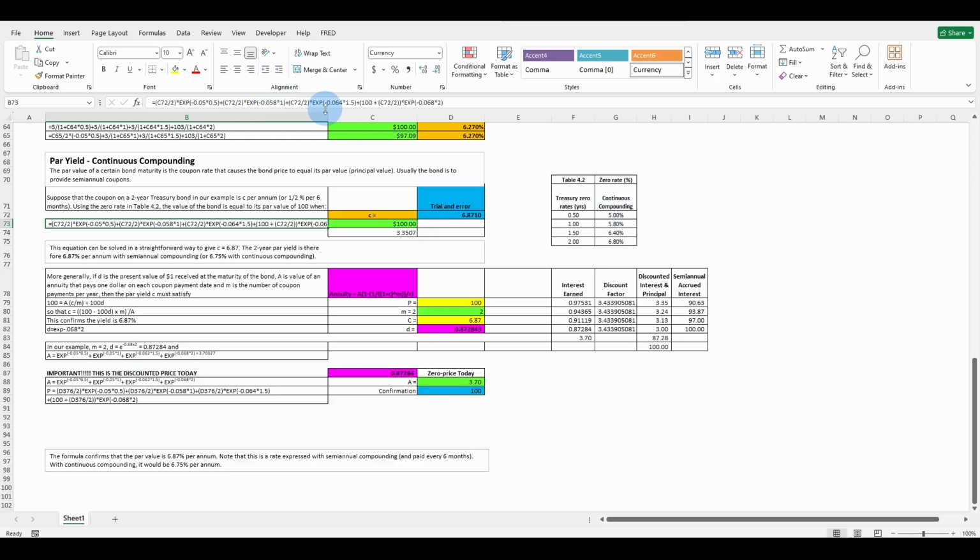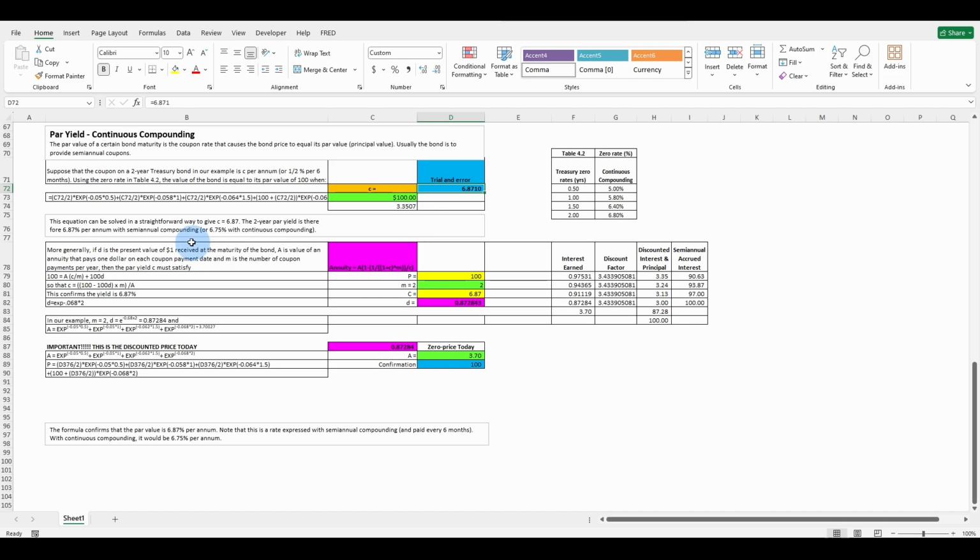Then we're going to take the 6.8, C/2, C/2, 102. Then we're going to take the 100, and all we're doing is discounting all of this. It has to equal our par, which is our maturity of 100. And this is just a matter of practice and trial and error.